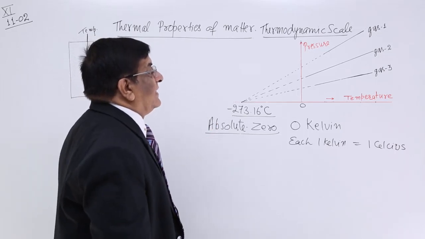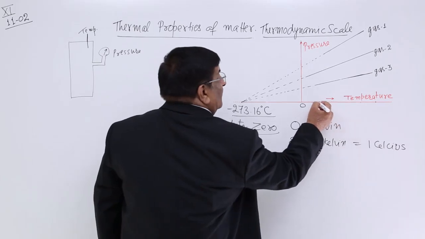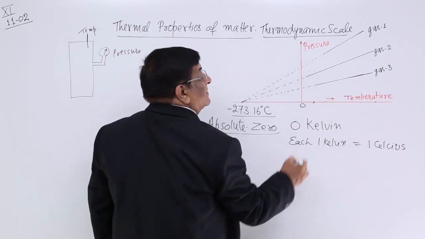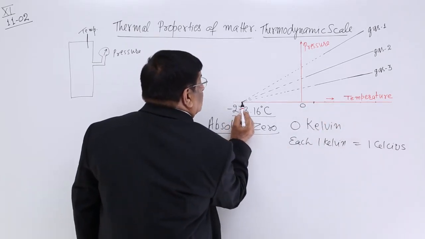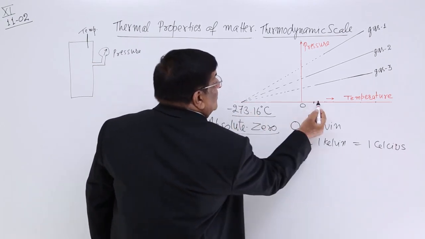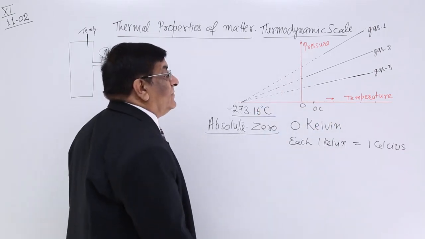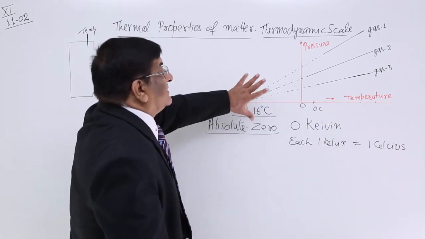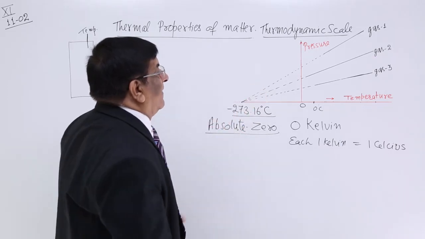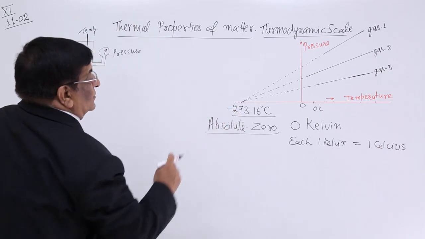So, when we say where is 0 Celsius? 0 Celsius is somewhere here. How much? Plus 273.16 from here is 0 Celsius. Now, this is the scale created by Kelvin, and now we are in a position to compare the two.